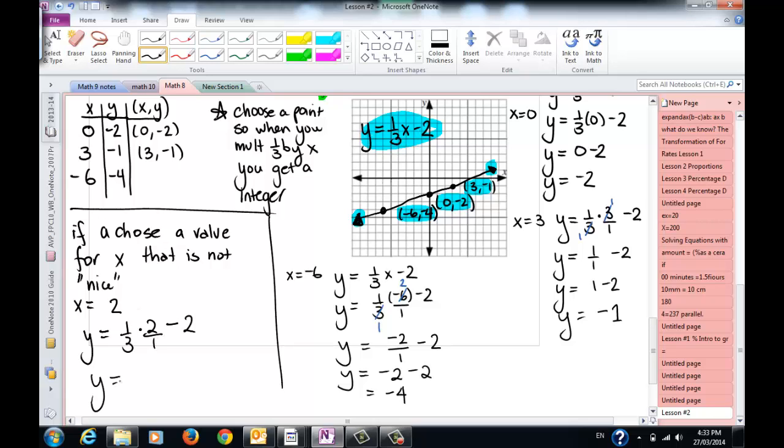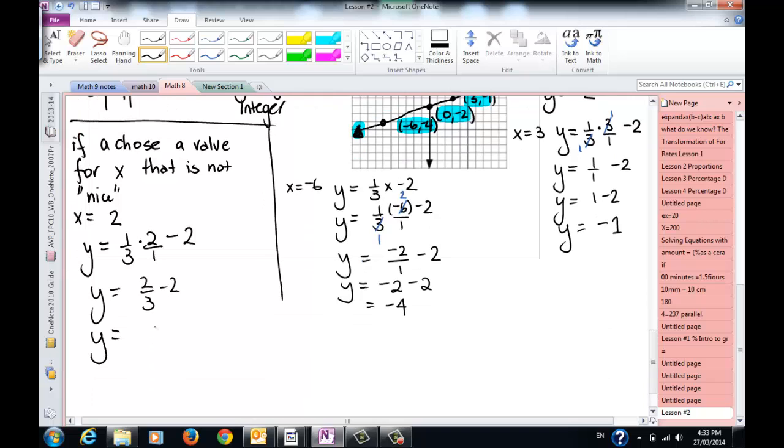Then I get y equals 2/3 minus 2. Well, then I've got to do y equals 2/3 minus, now remember 2 is always over 1. We need common denominators to subtract fractions. So that means I'm going to multiply the top and the bottom of this one by 3. And then I get -4/3.